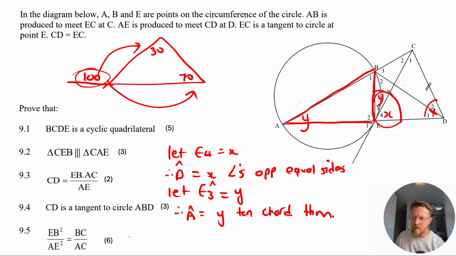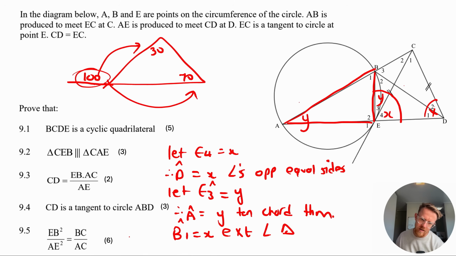So this x plus y must be the sum of this one and this one. But because this is already a y, what does that tell us about B1? It means that B1 would have to be x. So we can just say B1 is going to be x because of exterior angle of a triangle.